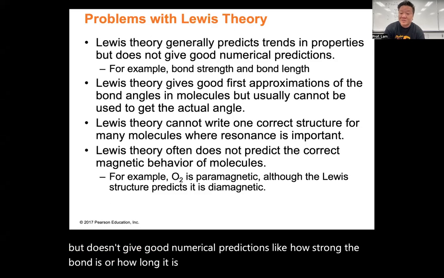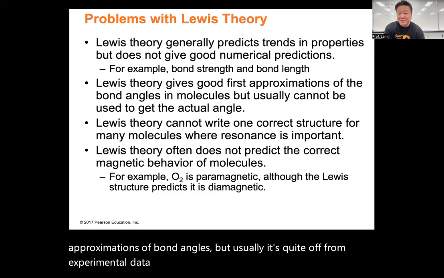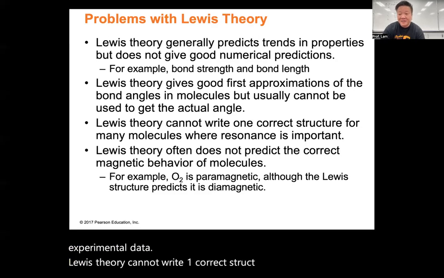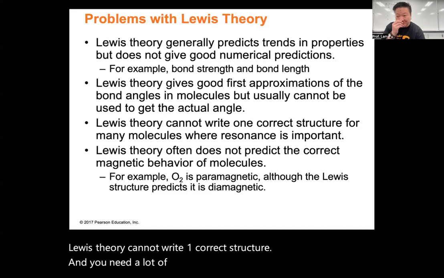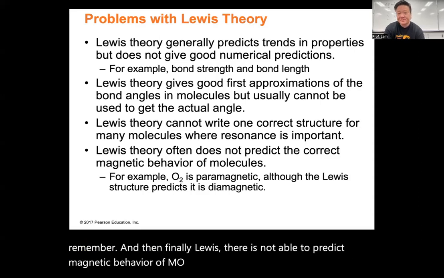Lewis theory only gives good first approximations of bond angles, but usually it's quite off from experimental data. Lewis theory cannot write one correct structure, and you need a lot of resonance structures, if you guys remember. And then finally, Lewis theory is not able to predict magnetic behavior of molecules.